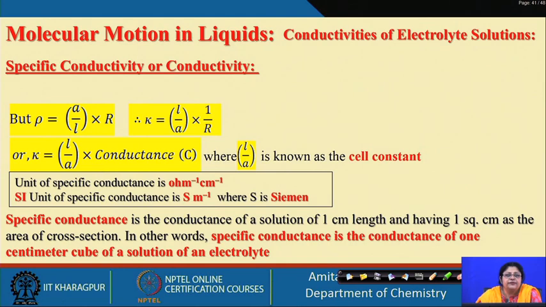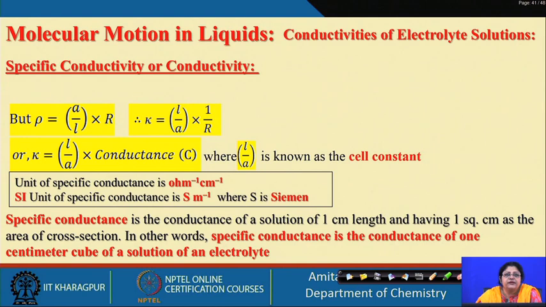Okay. So, please take a note of the units. If you do not get the units correct, then the whole problem becomes wrong. So, the specific conductance unit is mho inverse centimeter inverse, ohm inverse centimeter inverse, or Siemens meter inverse. So, specific conductance is the conductance of a solution of 1 centimeter length having 1 square centimeter as the area of cross section.